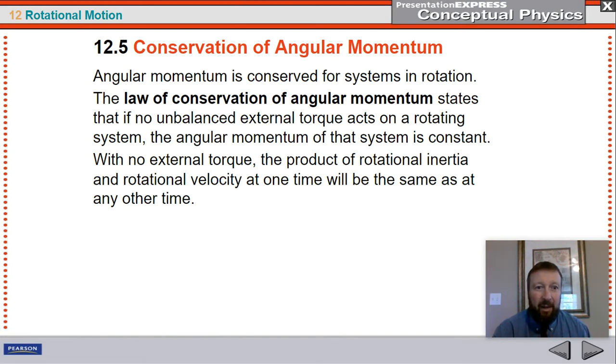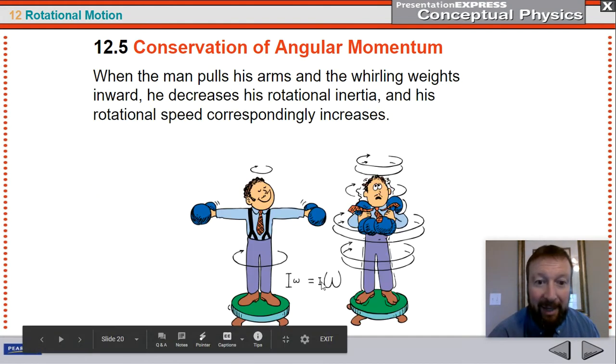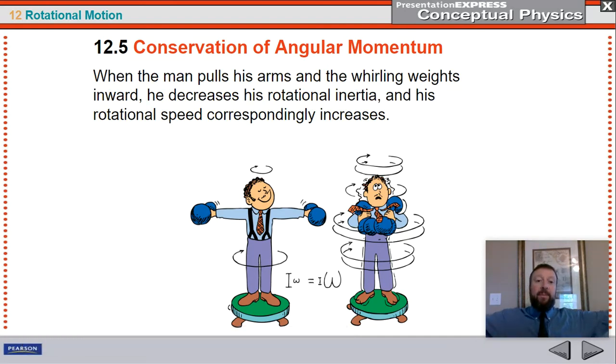Basically, it is like any law of conservation. It can't be created or destroyed. So as long as there are no external changes, your angular momentum can't change. How does that imply? If you've ever seen a figure skater, they start with their arms out wide, which is taking your mass away from the axis.